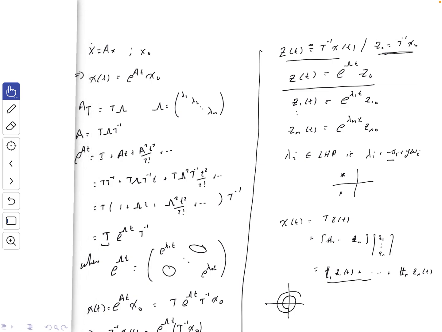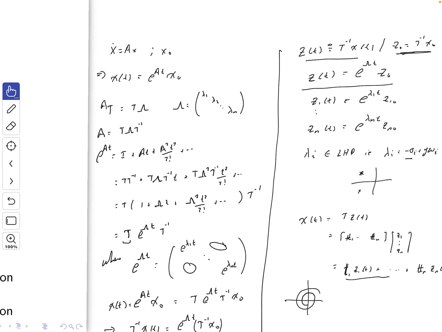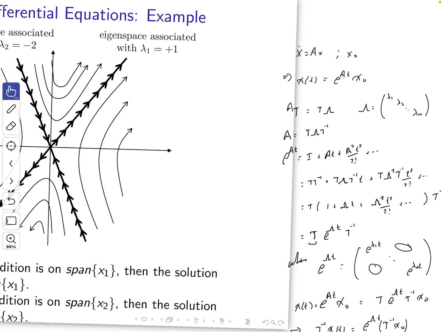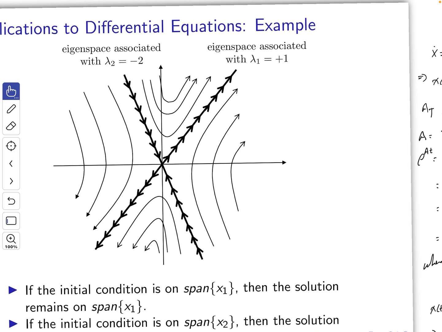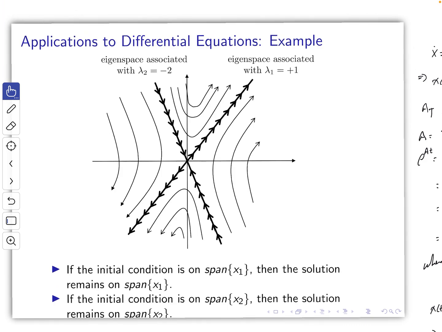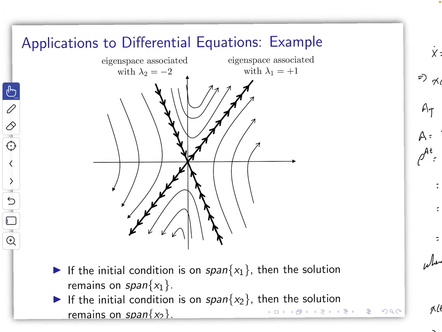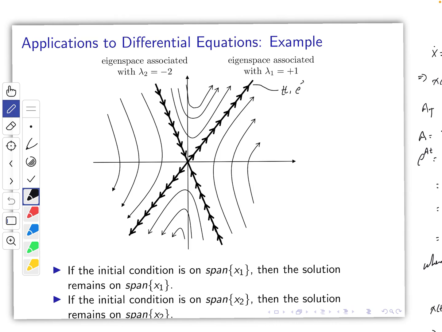All right, so we're going to come back to this picture. And in this picture, again, this is going to be the first eigenvector, like T1, and the solution is e to the lambda 1 t.